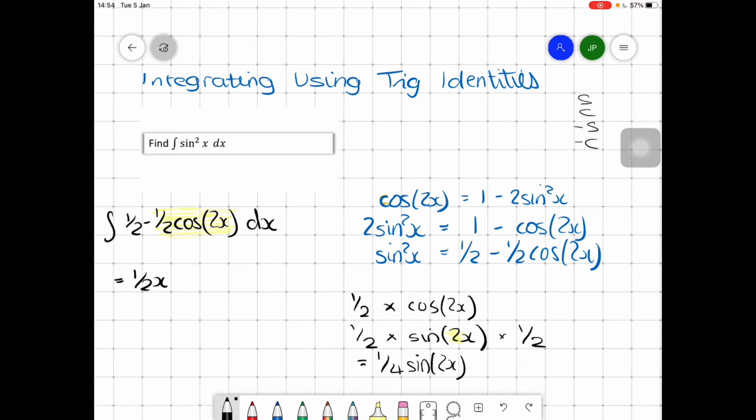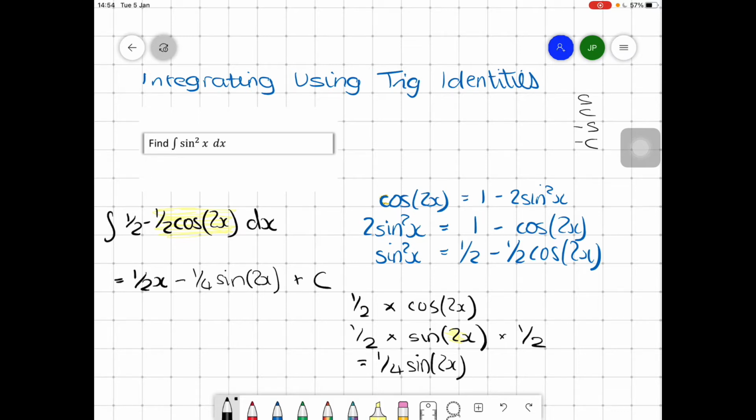Hopefully, we aren't in too much trouble with that. Obviously, I've got my negative sign as well. So that's going to be a half x minus a quarter sine 2x. Again, it's indefinite integration. I haven't got limits. You have got to remember your plus c on the end.